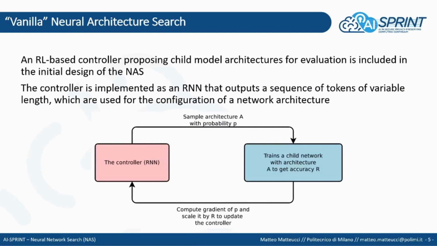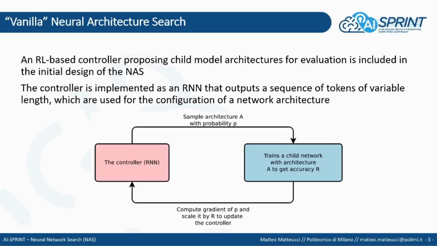The approach that was used in that case was a reinforcement learning controller. So the controller proposed a new architecture for evaluation, and this new architecture is then trained, evaluated, and by the quality of this network, the controller is improved.